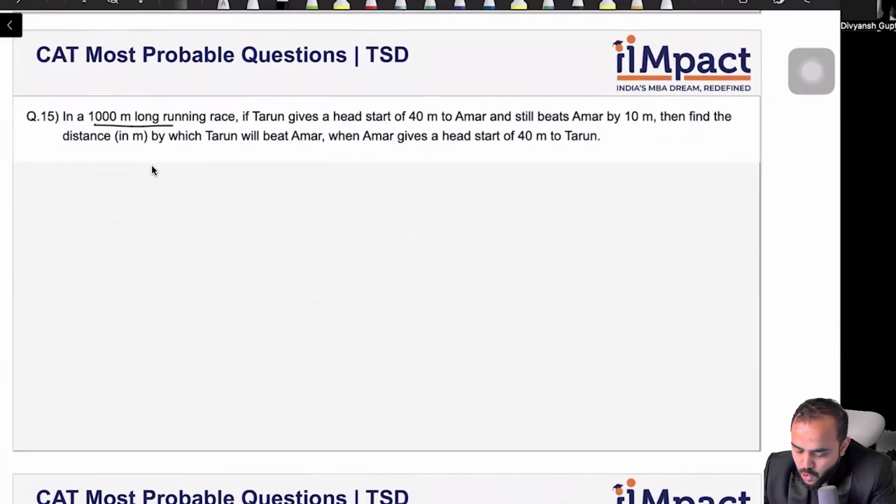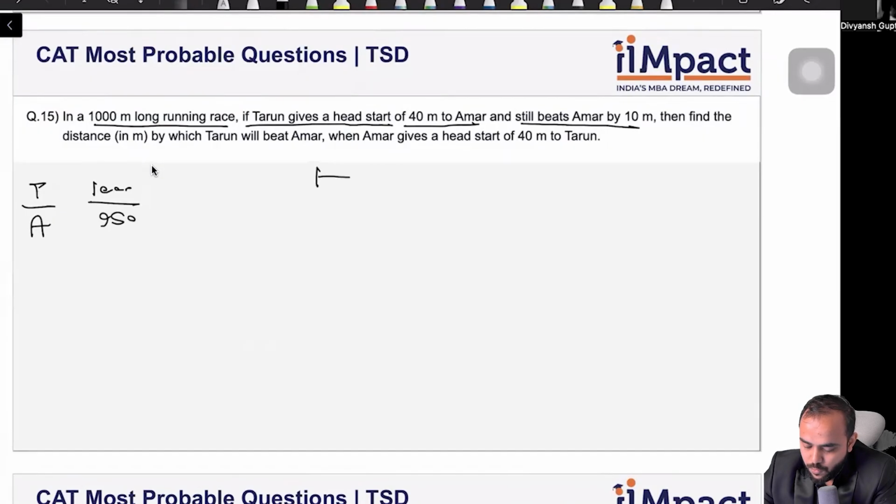In a 1,000-meter long race, Tarun gives a head start of 40 meters to Amar and still beats Amar by 10 meters, which means Tarun ran 1,000 meters, and corresponding to that Amar ran only 950 meters, because a 40-meter head start was given, and Amar lost by 10 meters.